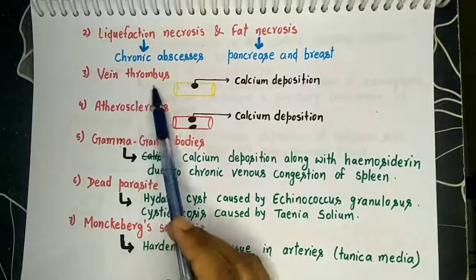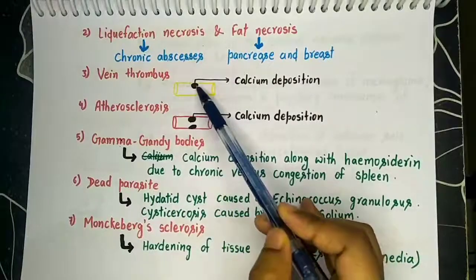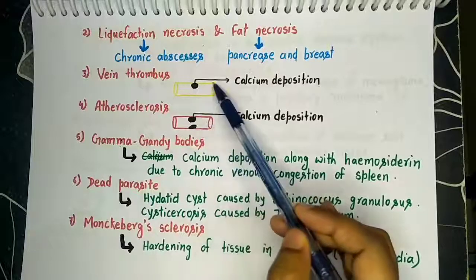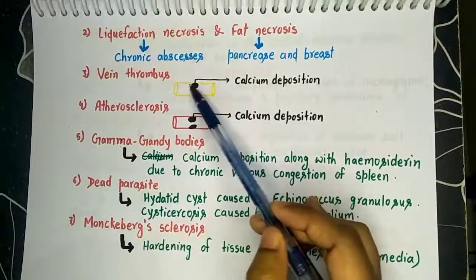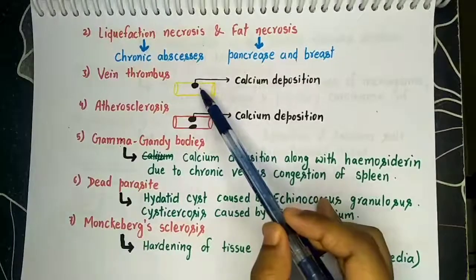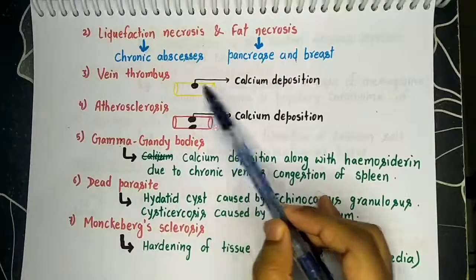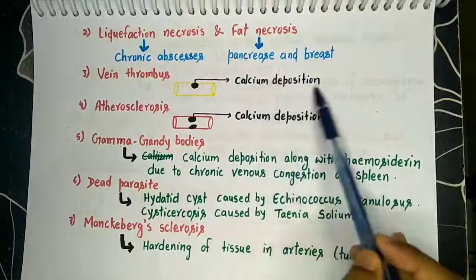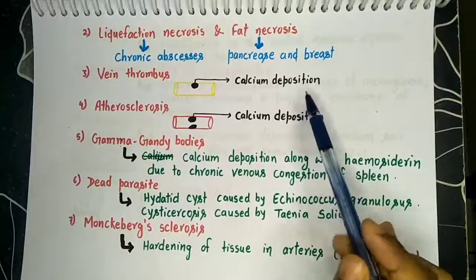Third one is venous thrombus. Thrombus means blood clot. Blood clot forms inside the veins and remains attached to the wall of the vein. But when this thrombus detaches from the wall of the vein and comes in the blood circulation, that will be called an emboli. The formation of thrombus inside the vein forms a favorable site for the deposition of calcium there, and this will cause dystrophic calcification.